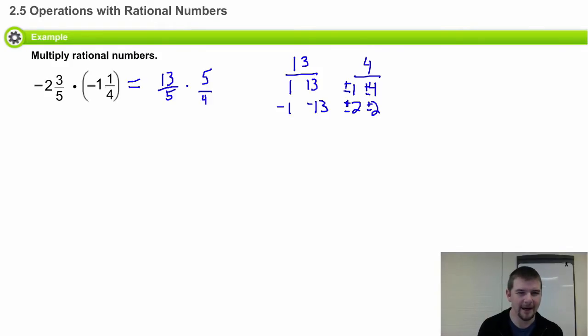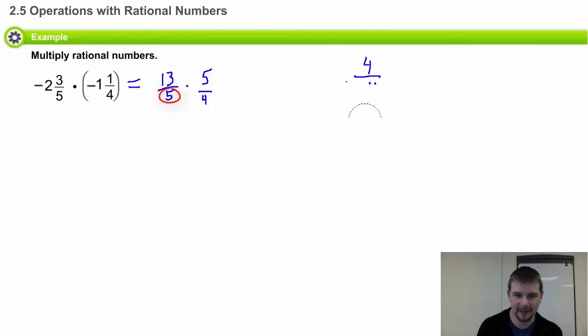All right, now I'm seeking out common factors. The only one is 1, and technically negative 1 as well. That doesn't do us any good. We can divide 13 and 4 by 1 repeatedly and not get any simpler of a fraction. So 13 and 4, we will not cross-reduce.